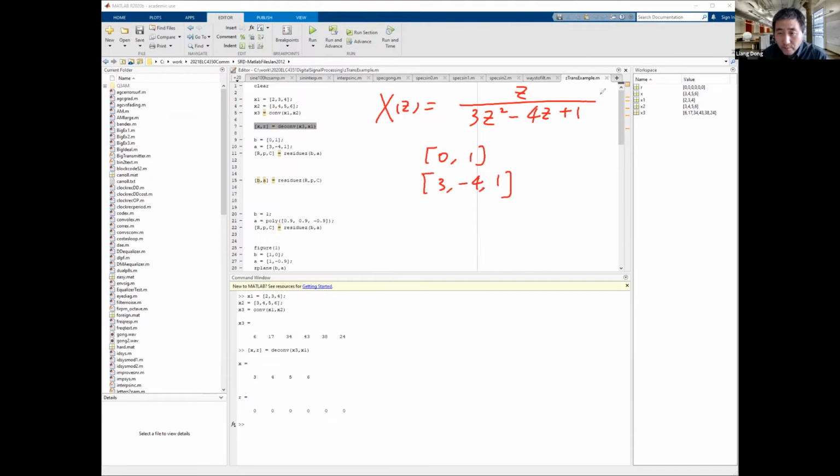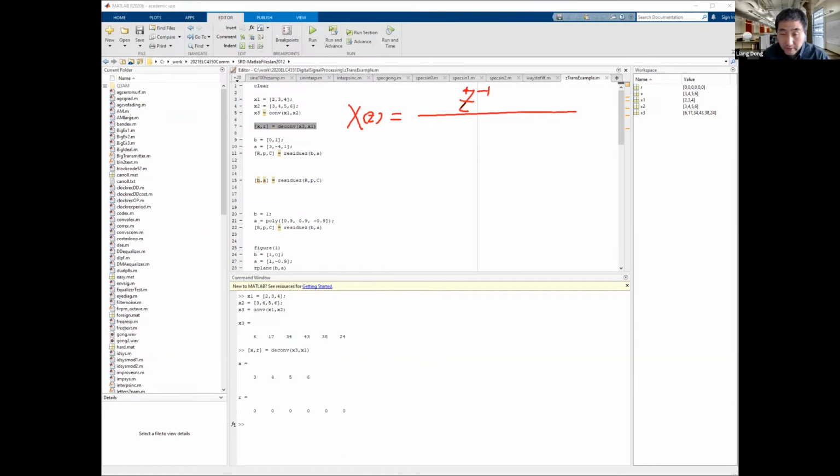It may not be that clear here, but if I change this so that it is a function of z to the power -1, you divide z to the power 2 on both numerator and denominator. So this is what I have: 3 subtract 4 z to the power -1 plus z to the power -2, right? This is what we have conventionally. We got this format, and then it's easy to understand now.